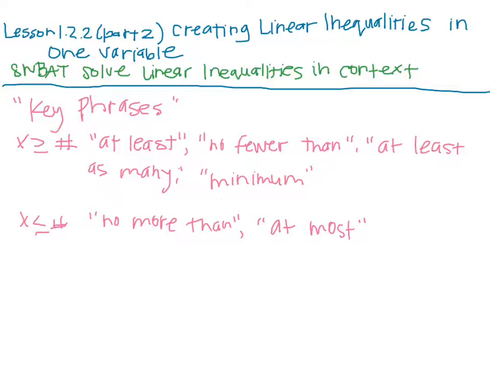If you can earn 10 points of extra credit at most, that means you cannot earn more than 10 points. Another one is "maximum," meaning that is the most. There might be less, but there will not be more. Make sure you jot down those key phrases, and let's go on to an example word problem and create our inequality.